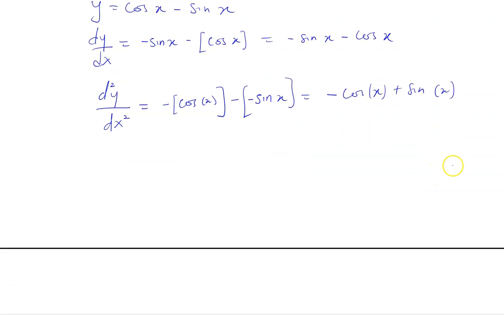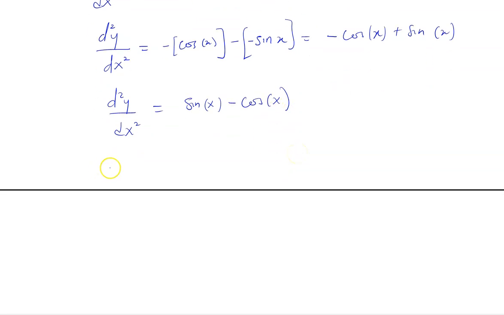So d²y/dx² equals sine x minus cos x. So he's saying that d²y/dx² is 0.